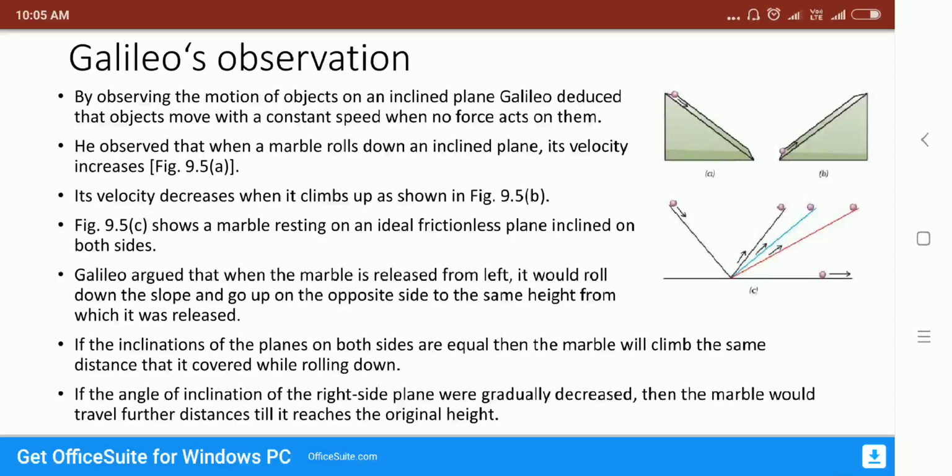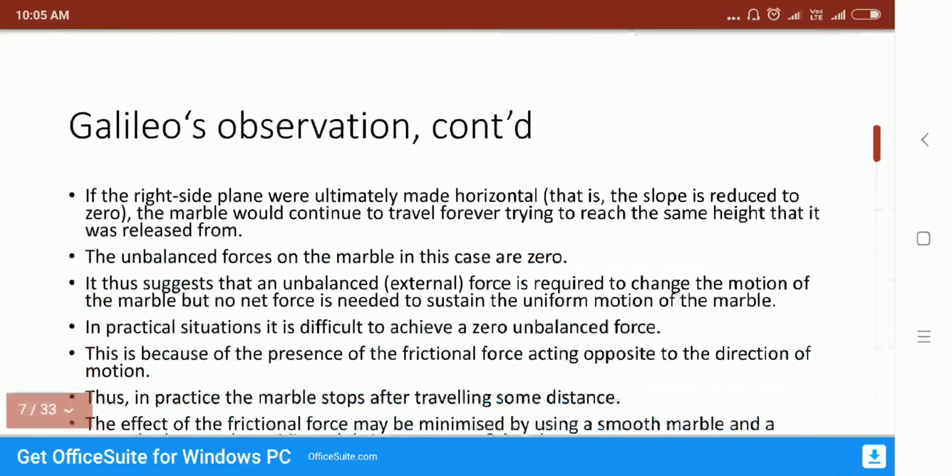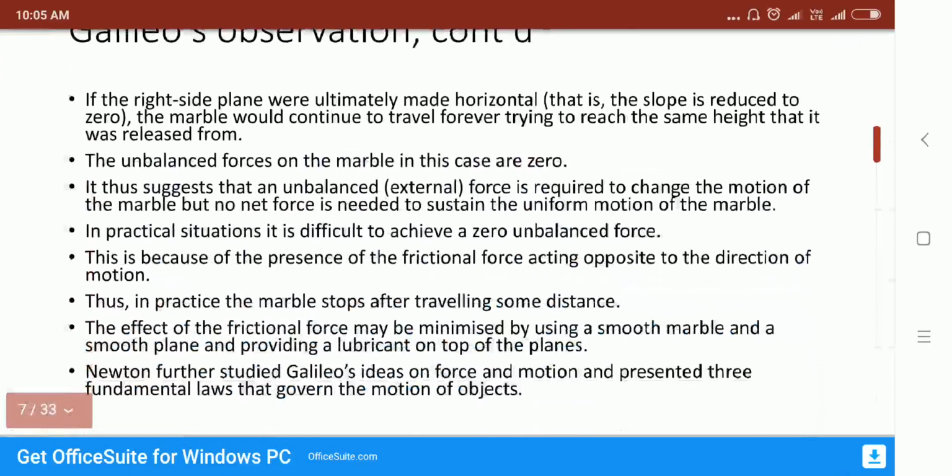If we keep decreasing that angle, the marble again moves further until the height is the same. If we reduce the inclination to zero, providing a horizontal slope, then the marble would continue to travel forever, trying to reach the same height from where it was released.